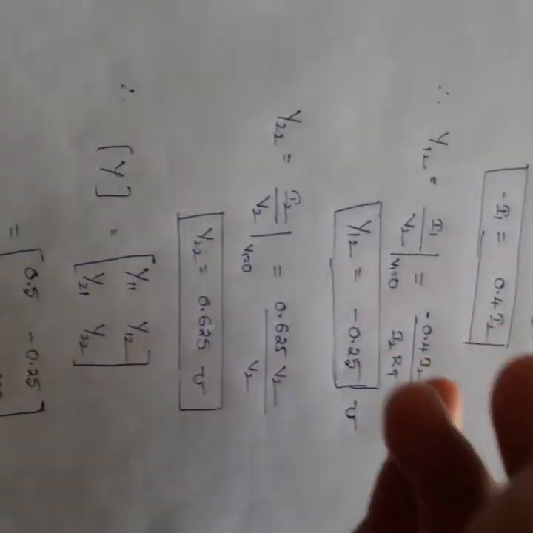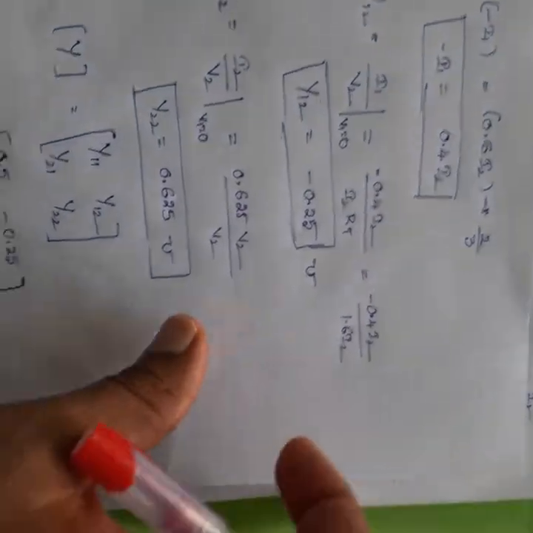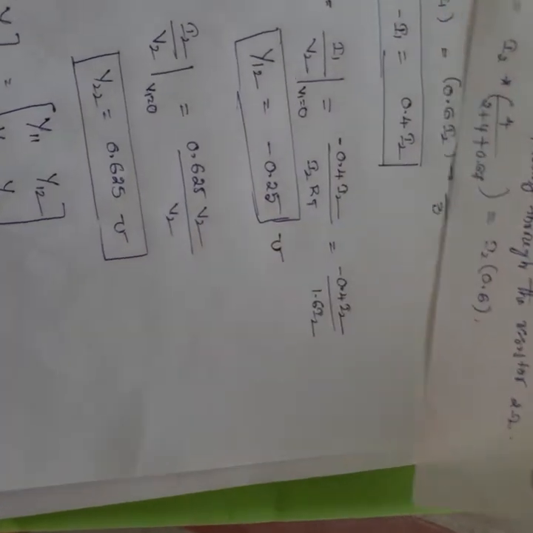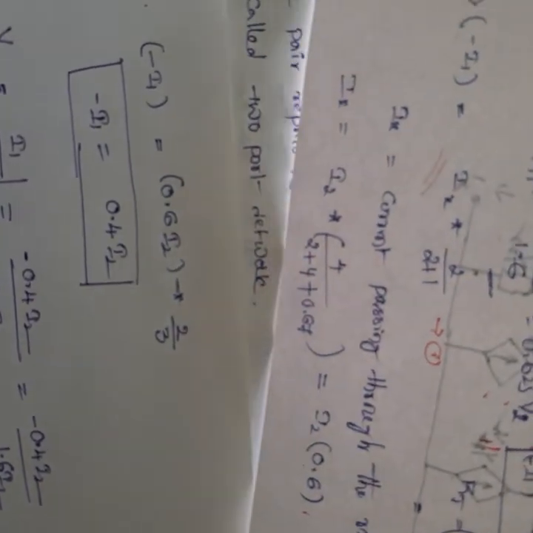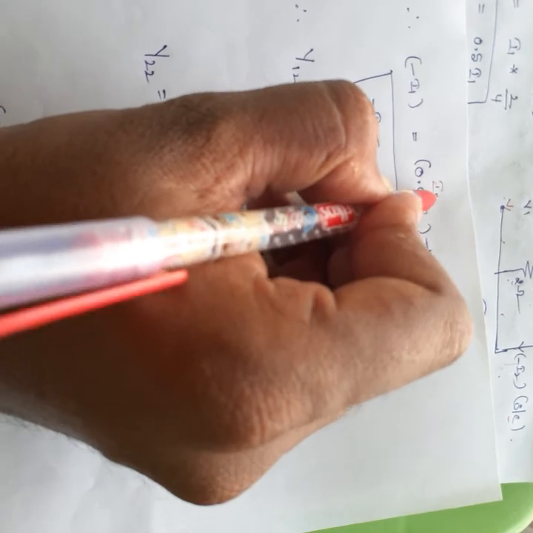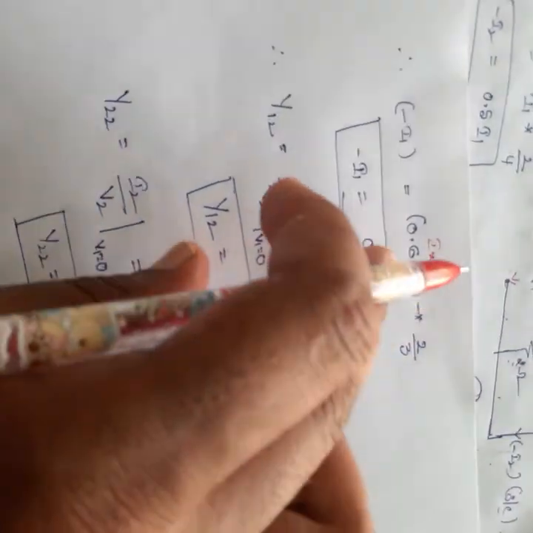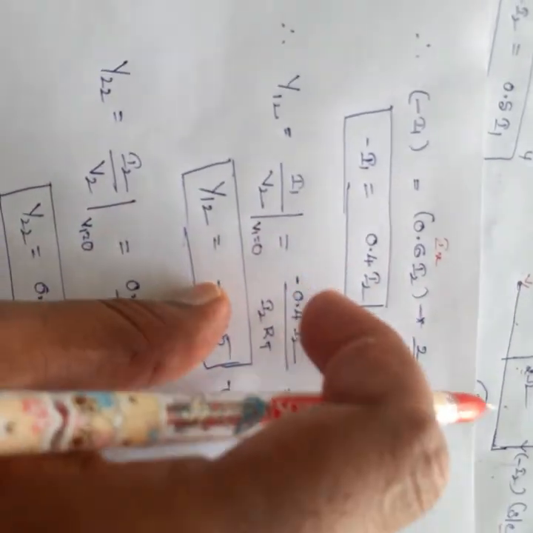Therefore, for the calculation of minus I1, I1 equals Ix from equation number 1, Ix into 2 by 3. So Ix equals 0.6 I2 into 2 by 3.